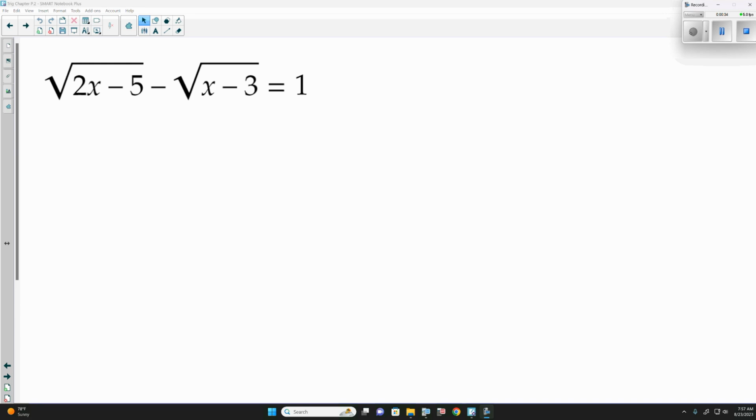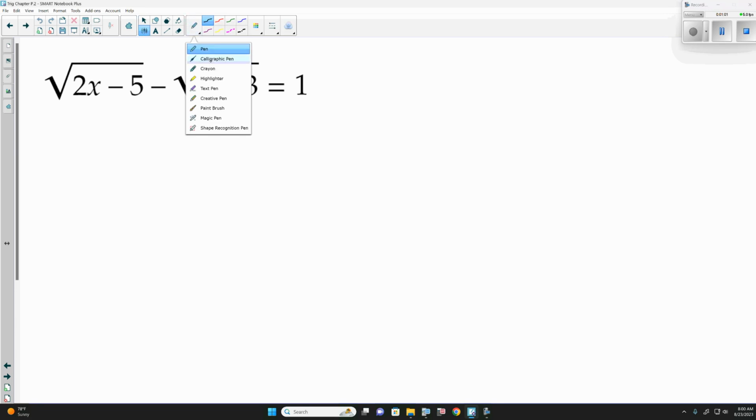But whenever we solve an equation with radicals, the first thing we need to do is get the radical by itself. If there's more than one, we try to even them out. As having two radicals on the same side isn't necessarily a bad thing, it just becomes very complicated very quick. So when we look at this here, if we can split those apart, it's going to make it a little bit easier to work with.